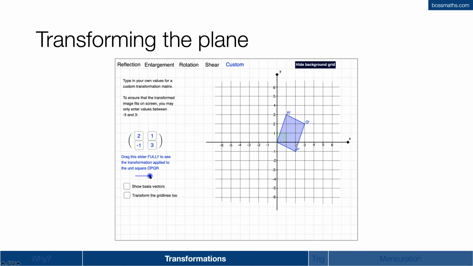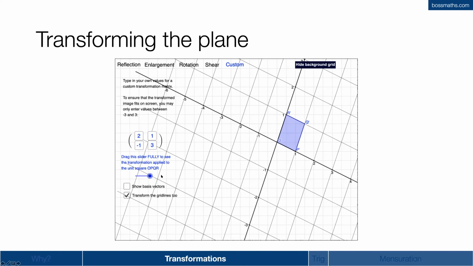Now, let's think about that same transformation, but applying to the whole plane. If we do this to the whole plane, what it does is this. And again, we see that the vertices of that unit square have the same coordinates in this new system. They're still 0, 1, 1, 0, and 1, 1, so on. So that's quite neat.